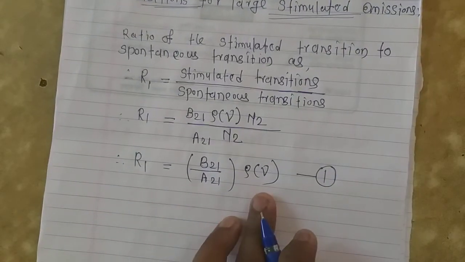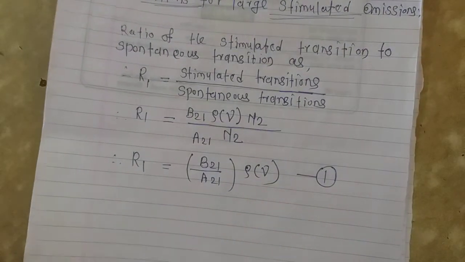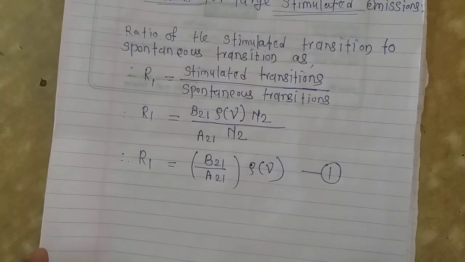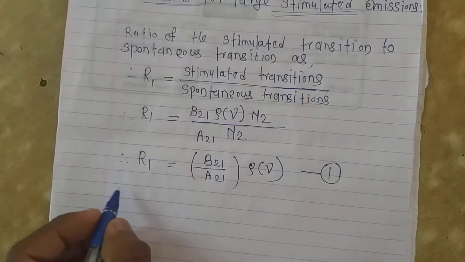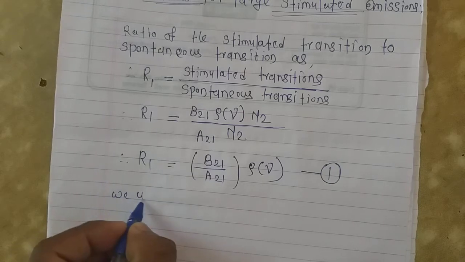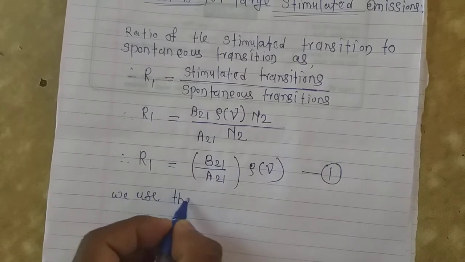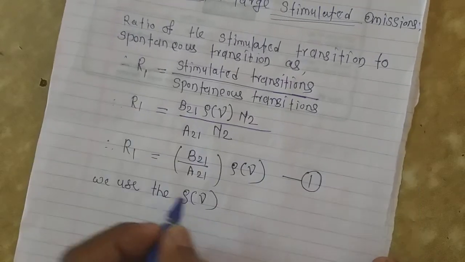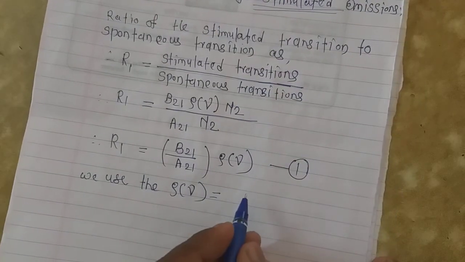But we know the value of rho nu from the previous video, Einstein coefficient and Einstein relation. We use the rho nu from the previous video.